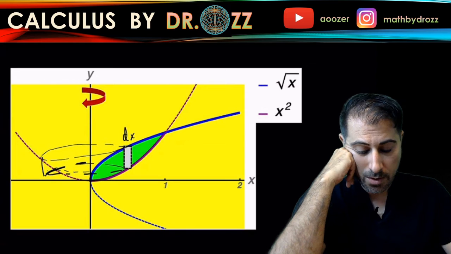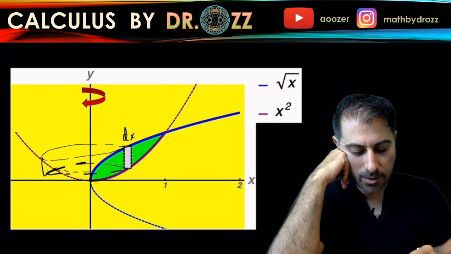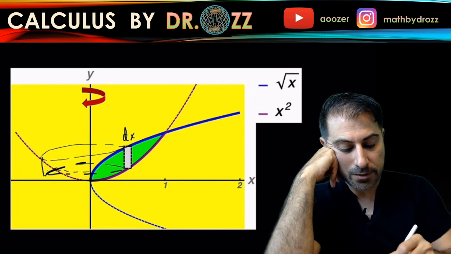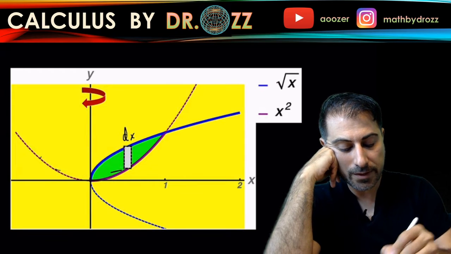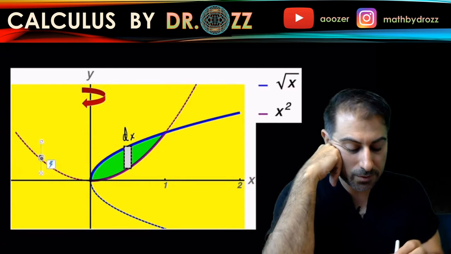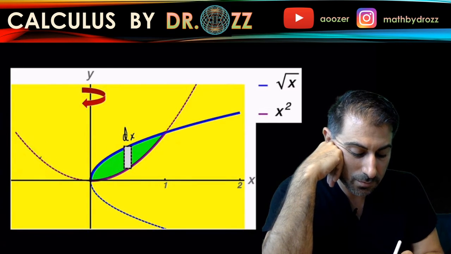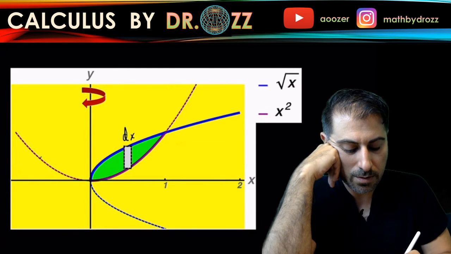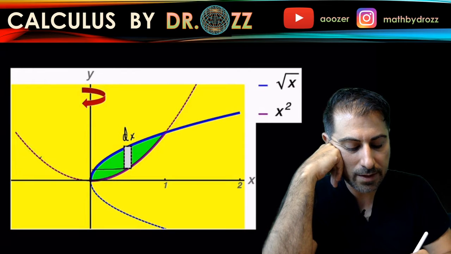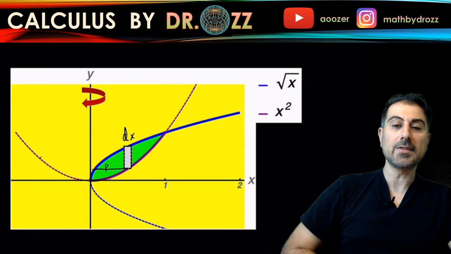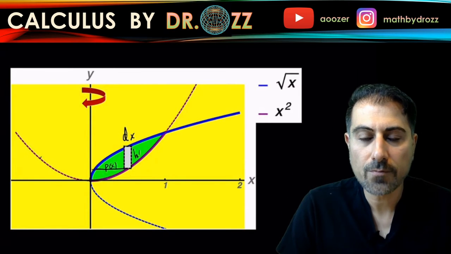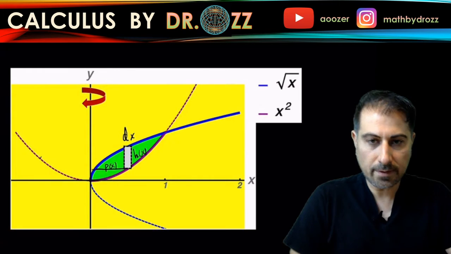Let me just clean this. All I need is the radius of the bottom of the slice, which is this part, p of x, and I need the height of the slice, h of x, and that already comes with thickness dx.